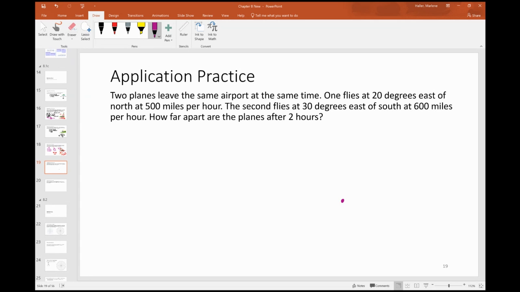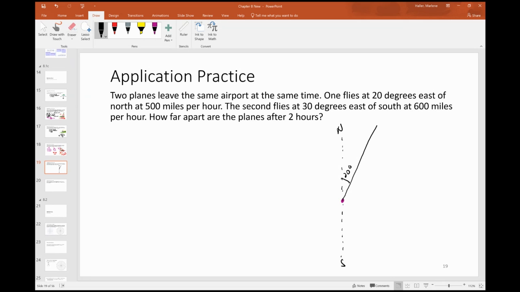And if a plane is flying 20 degrees east of north, let's see, north and south would do this. There's our north and our south, we'll say. 20 degrees east of north is about right there.